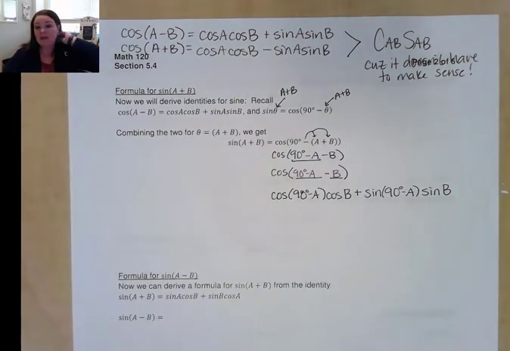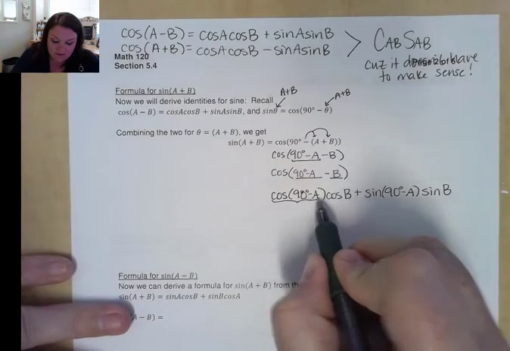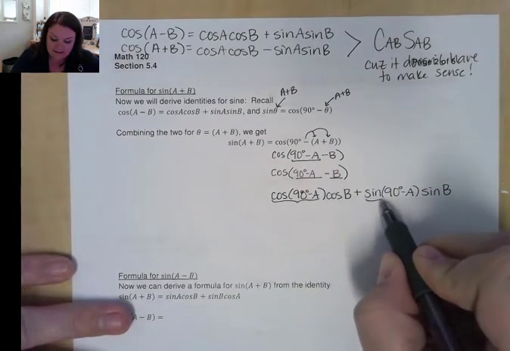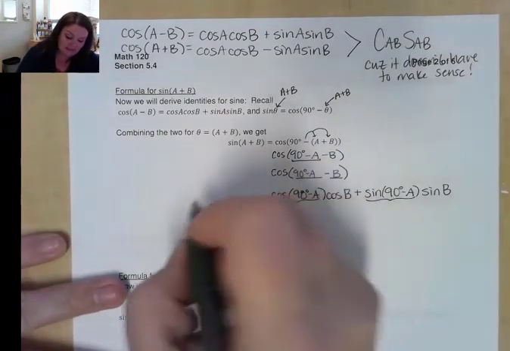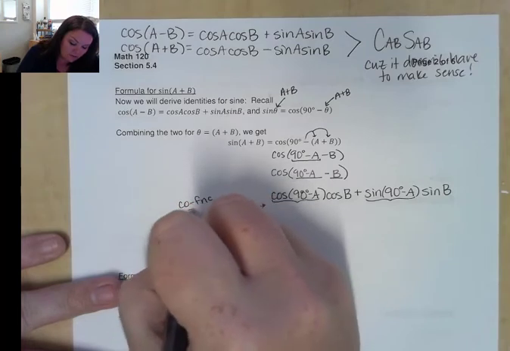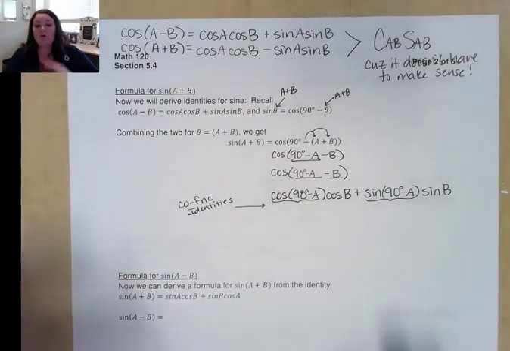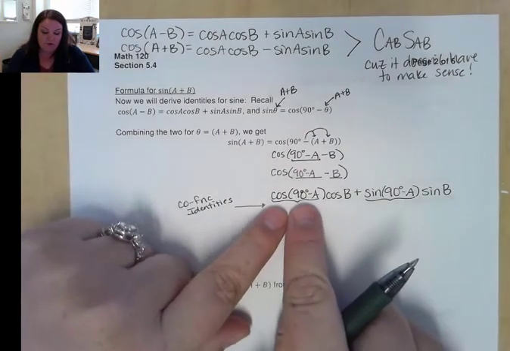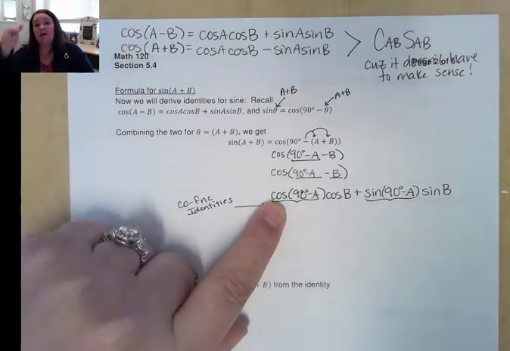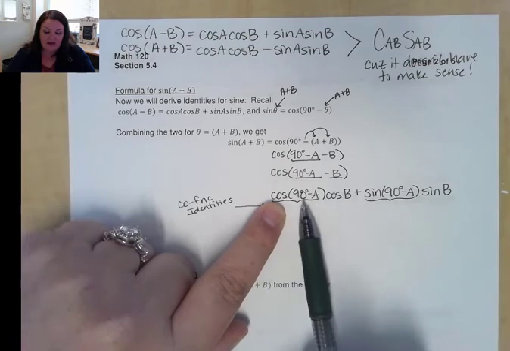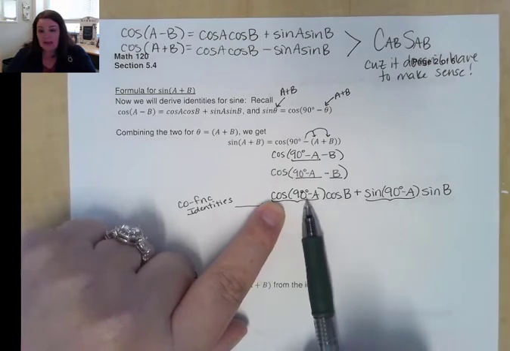And now we can actually do a couple more improvements, because if you notice here, cosine of 90 minus a and sine of 90 minus a, these are our cofunction identities, right? And with cofunction identities, remember, the cosine of one angle is equal to the sine of its cofunction. So the angle that I would have to add to this for it to total 90 degrees would be a, right?